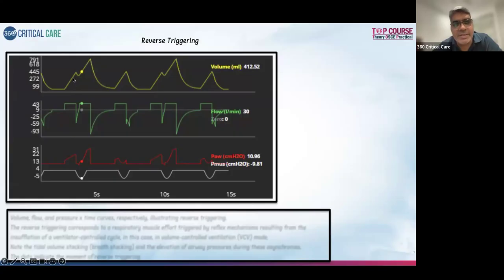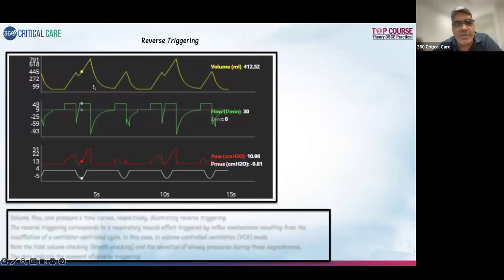Instead of the patient triggering the ventilator, the ventilator is triggering the patient, or triggering the diaphragm to contract. Then this is followed by a normal ventilator breath, and again the ventilator breath triggers the patient. The diaphragm contracts and a breath is taken or given, and then the usual expiration. So that part of the volume time curve is abnormal.